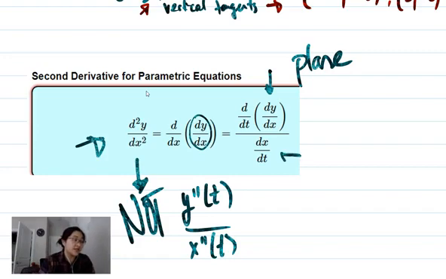So that's what's happening down here. And then you can analyze this in the same way that we did before when we were thinking about curve sketching, where your second derivative is telling you about the concavity of your equation or your function.